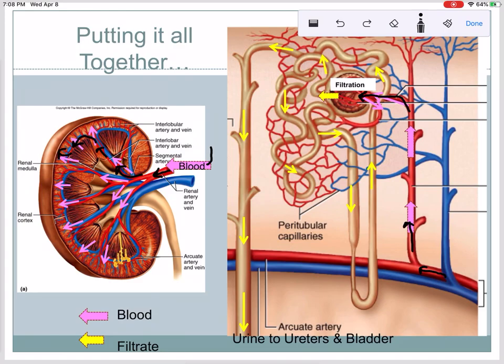And what happens in the glomerulus? There's filtration. Whatever was small gets filtered out of the glomerulus into the tubules. Whatever's in the tubules is now called filtrate. Whatever was too big leaves the glomerulus via the efferent arteriole into the peritubular capillaries.